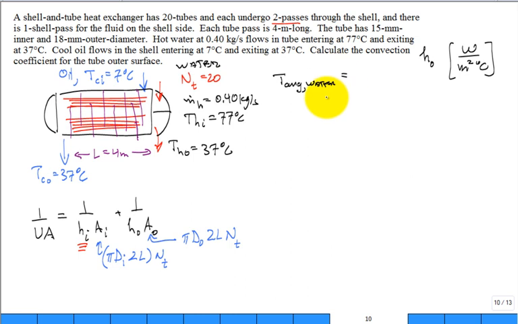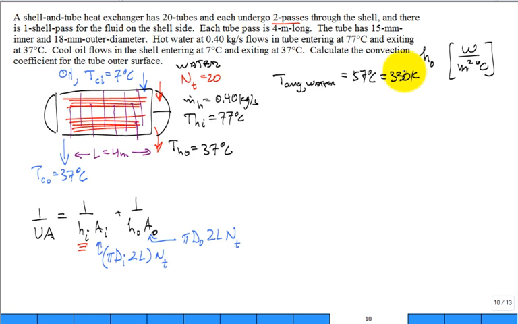It'll be the 77 and 37, add those two together, and divide by 2. That'll be 57 degrees C. And when I look in the table, they have it in Kelvin, so I add 273, it's 330 Kelvin, and it's a line in the table, and I'm so thankful. Because if it's a line in the table, do I need to interpolate? No. So I could just read off the properties.